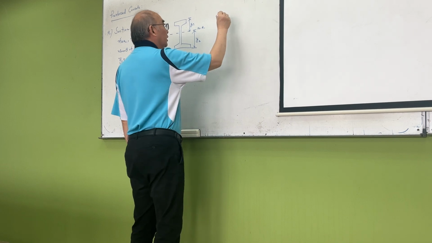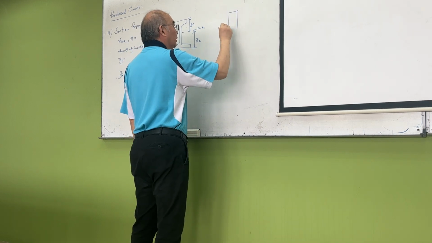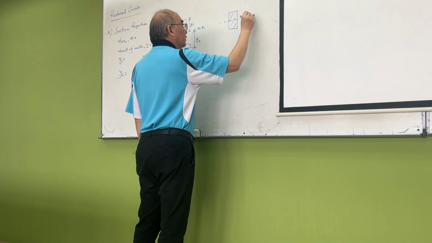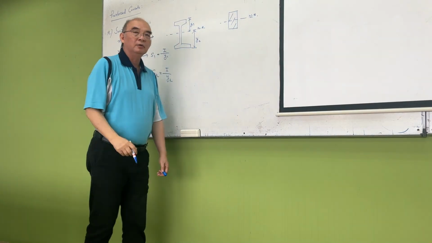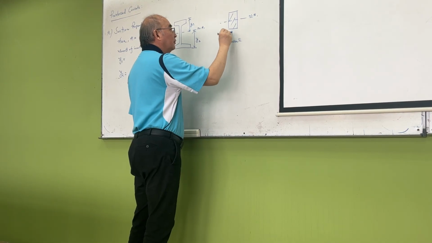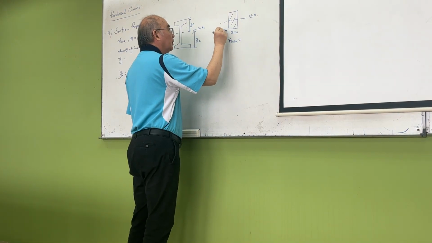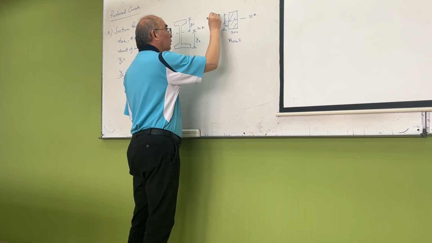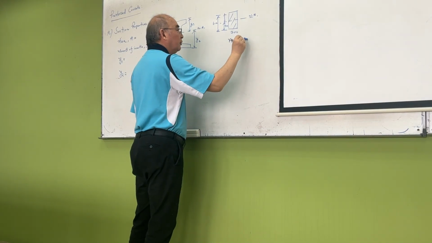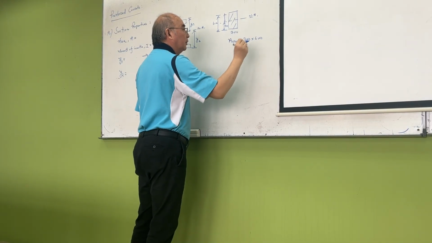The neutral axis is in the middle, right? Area, you need to go and calculate yourself. This is 300. This is 600, right? So area is just 300 multiplied by 600, correct?